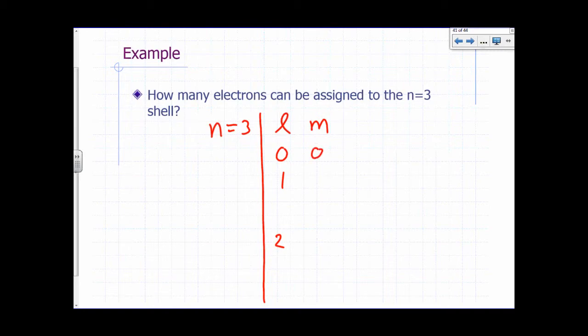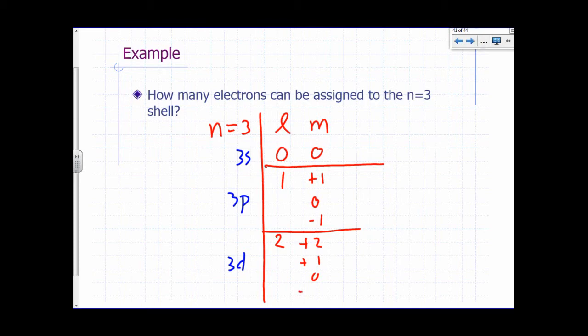If l is 1, your m can be +1, 0, or -1, right? That would be your 3p orbitals. So this is your 3s, 3p, and your 3d orbitals can be l equals 2, m equals +2, +1, 0, -1, -2.